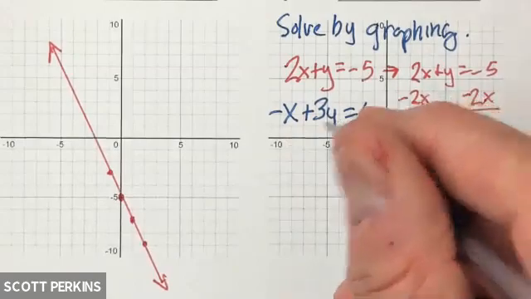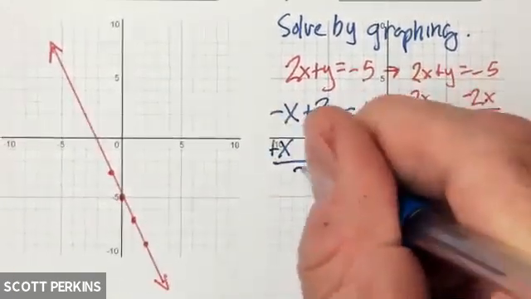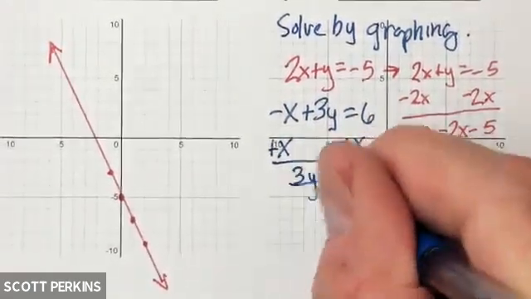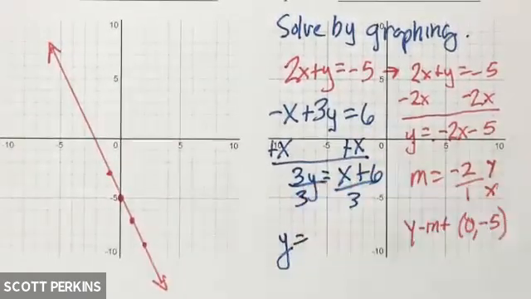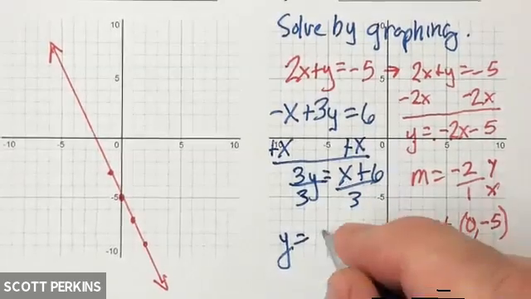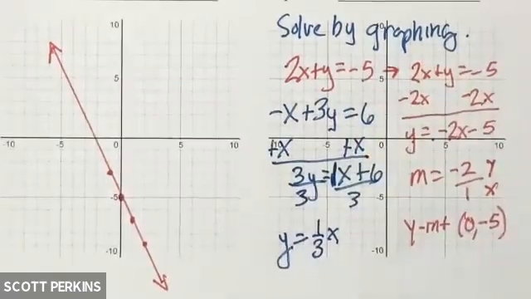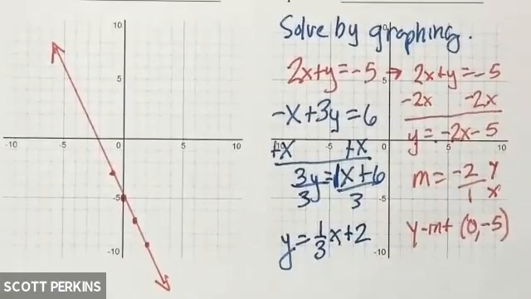All right, the next one, I'm going to solve this for y. I'm going to add x to both sides. And I get 3y is equal to x plus 6. Divide both sides by 3. Remember to distribute that 3. So when I divide the 3 into the first term, that's going to be 1 over 3x, because remember there's a 1 in front of that x. And then the second term, 6 over 3 becomes 2.